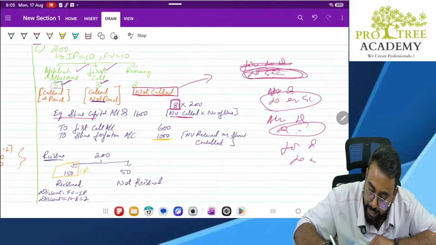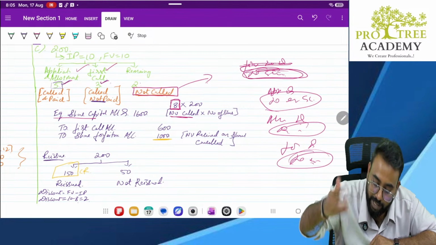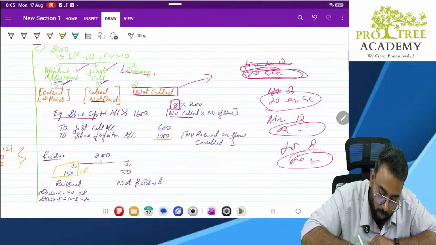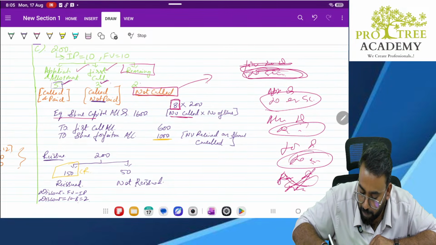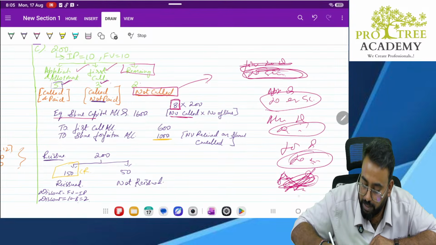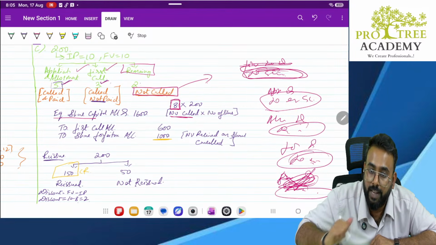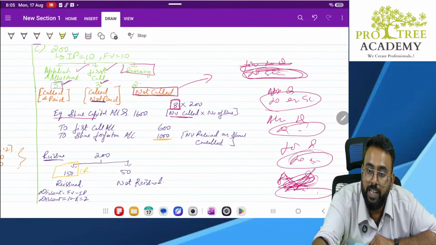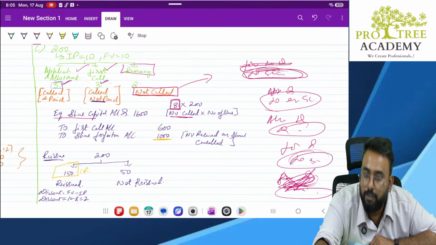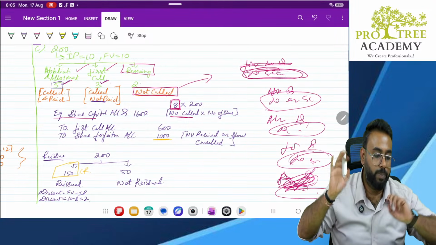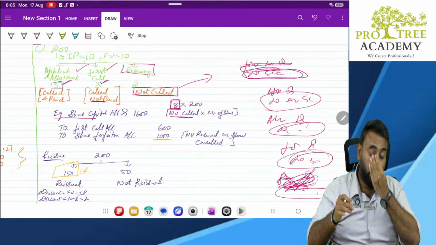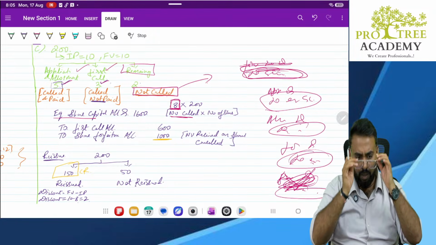Because we credited it to equity share capital account, now we are reversing it. Whereas this one we have not done. When the original entry is itself not there, why do you want to reverse it? That is why whatever is called, only that is taken into picture. Clear?